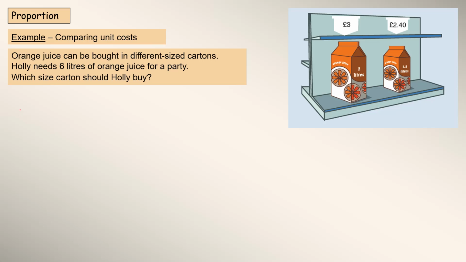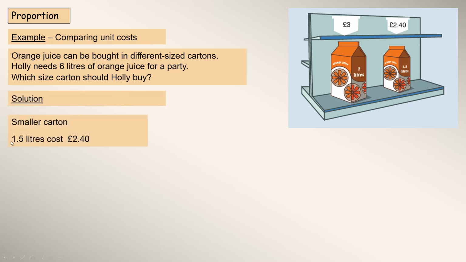So what we can do is calculate for the small carton and then for the larger carton. So the smaller carton, 1.5 litres, costs £2.40, we're told here, and the larger carton, 2 litres, costs £3. So what we can do is find the cost of what would be best. I would say 1 litre. So find the cost of 1 litre.